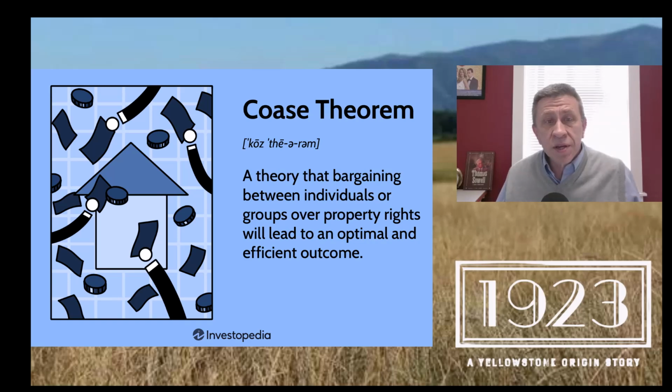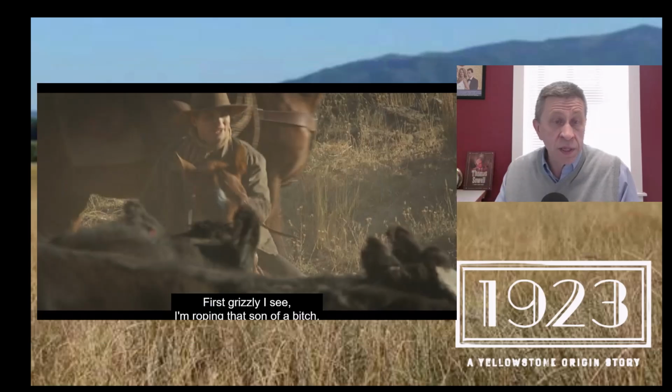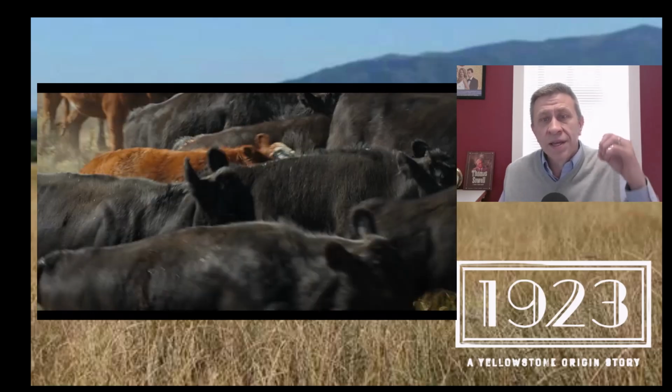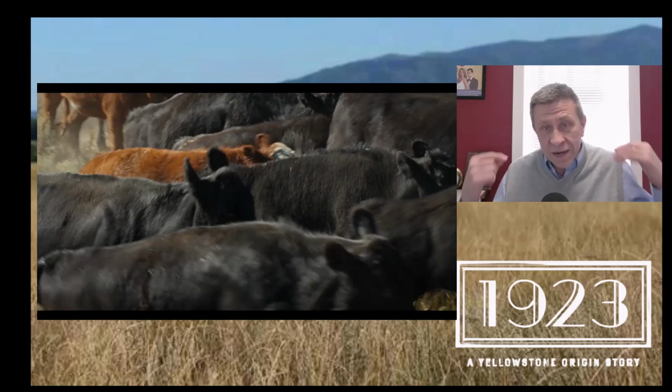What the Coase Theorem states is that if property rights are well defined and that the transaction costs, like the ability to negotiate and the costs for enforcing, are reasonably low, private parties should be able to negotiate solutions to eliminate what are called externalities. And they should be able to do this without the government getting involved.